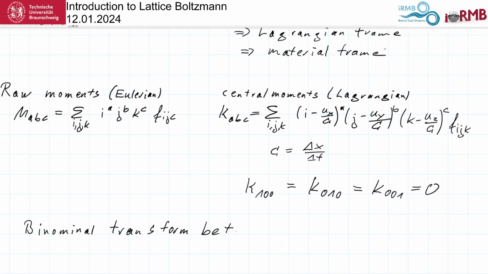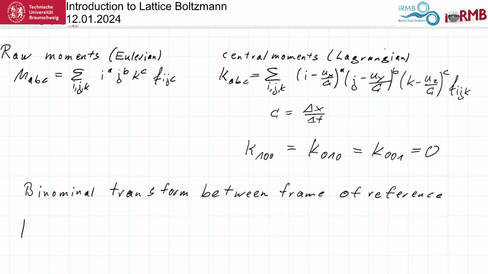So it's between different frames of reference. Now this would work like this. We have K_ABC is equal to the sum over i equal to 0.